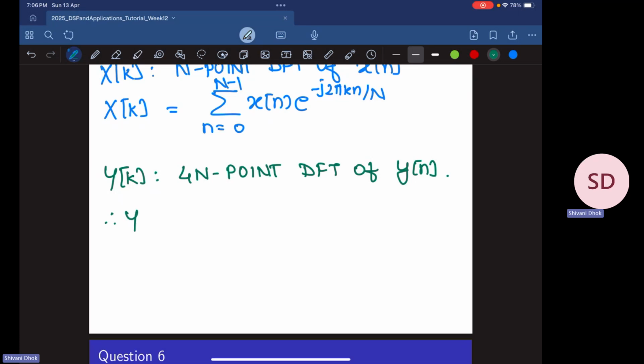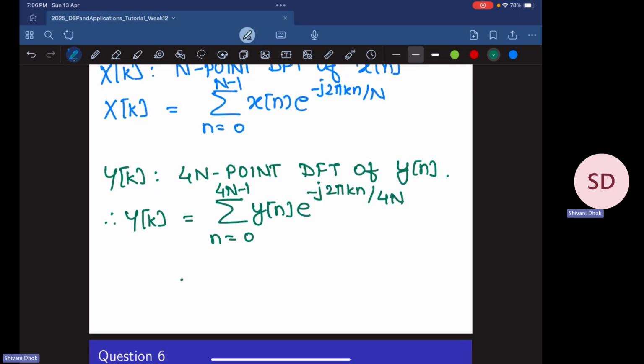Y of k is equal to the summation n running from 0 to, now here my N I need to replace by 4N, so 4N minus 1 of y of n into e power minus j 2 pi k n by 4N. This is equal to the summation n running from 0 to 4N minus 1 of y of n into e power minus j pi k n by 2N.